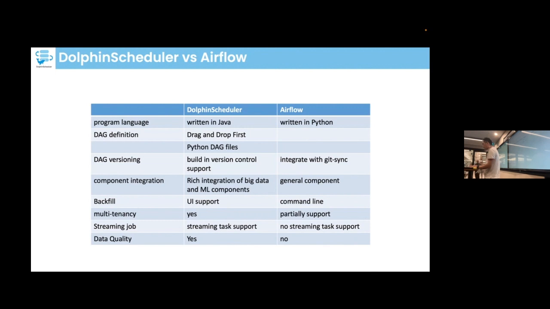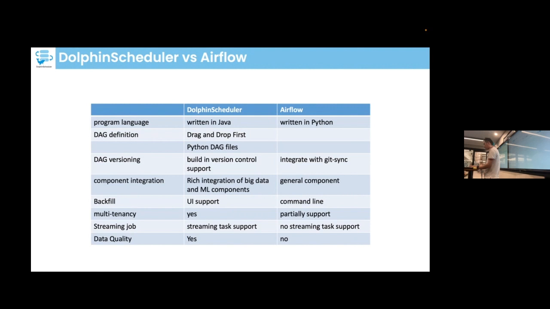But first, if we want to create a workflow, we need to create a project. The workflow is under the project. So here I already created one project for demonstration. Then we go to this project page and we have this workflow definition.